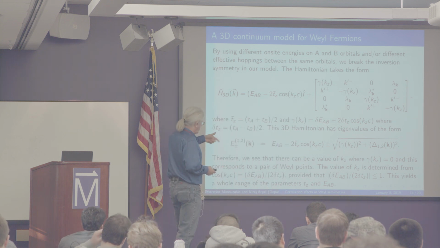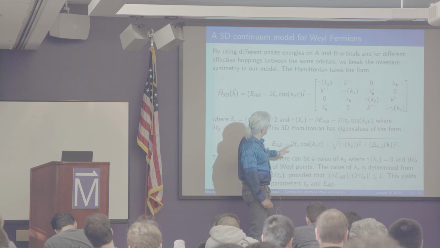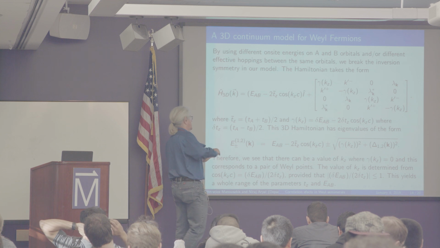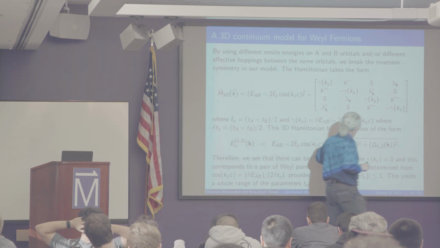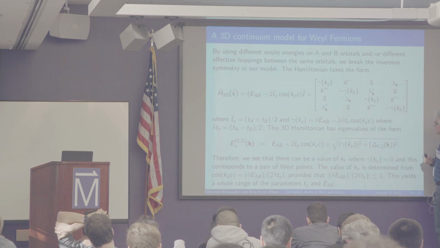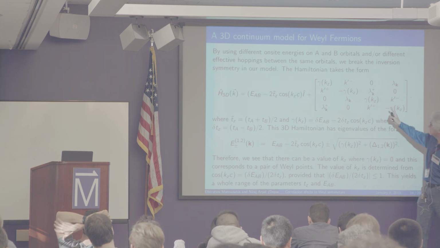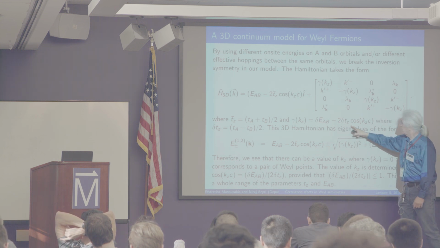So if I diagonalize this one now, again, I get some kz-dependent platform in which I move my center of mass, but the Weyl points are obtained when this gamma kz goes to 0, and this gamma kz goes to 0. It can go to 0 because now this is kz dependent.